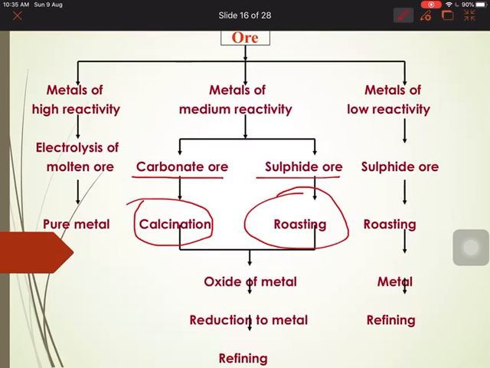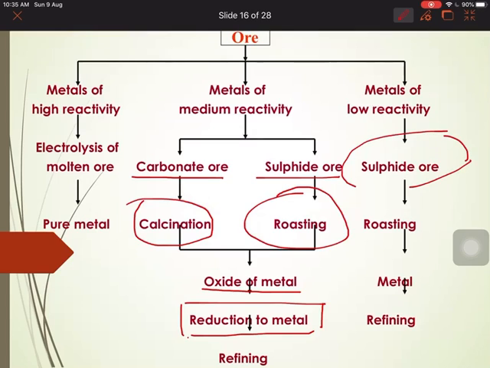They are used for the conversion of carbonate ore and sulfide ore to the oxides of metals. Then by the process of reduction, we convert that oxide to the pure metal, and at last we do the refining to get the purest metal from the particular ore. Low reactivity metals are generally found in sulfide ore form, and we do the roasting process for the purpose.